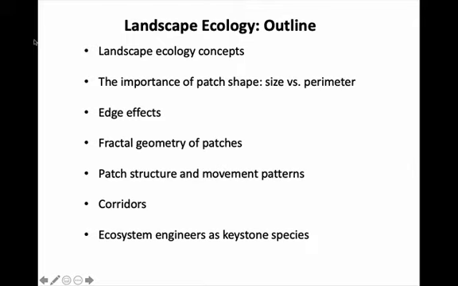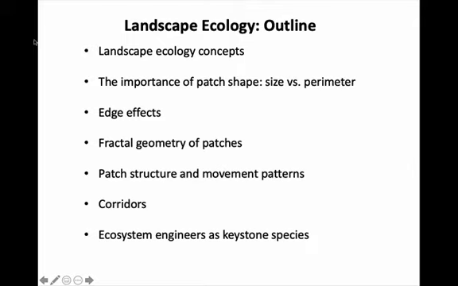So this presentation is divided into two main parts. The first part is about shape, its measurement, and its consequences. And so in that first part, we'll look at just the concept of landscape ecology, which is quite new.